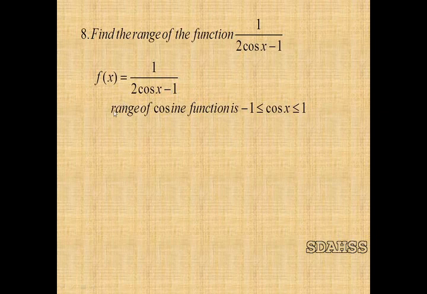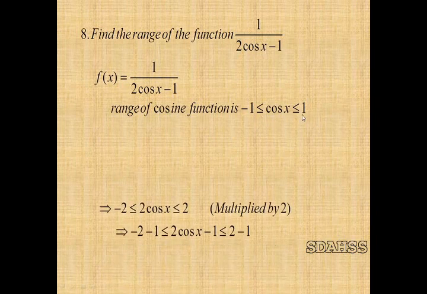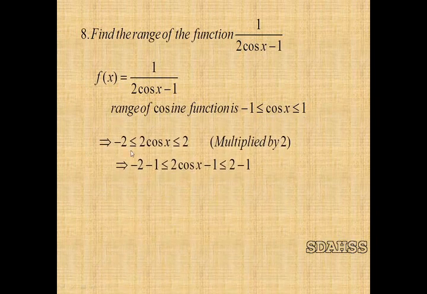We know that the range of the cosine function is minus 1 less than or equal to cos x less than or equal to 1. Now look at the given question.